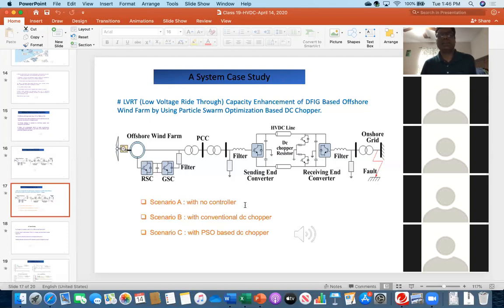No controller. There is a DC chopper resistor, but with a conventional controller. Conventional means it is just a PI, proportional integral type of controller. And PSO based controller means, as I said, particle swarm optimization. We are expecting that there will be some benefit using this PSO based DC chopper.